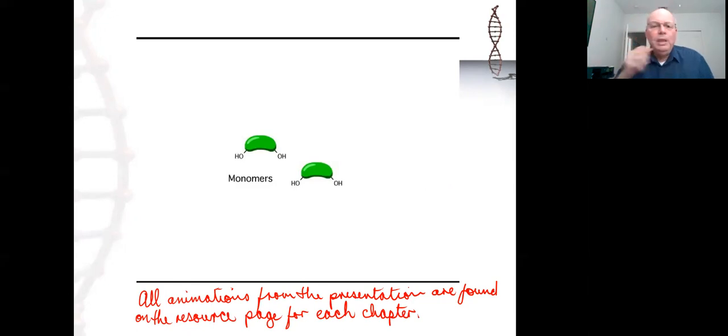So in the interest of time, and because you can play these animations separately from this presentation, I'm not going to actually run the animations within the presentation because that's only going to stretch out the presentation. It's going to be reasonably long as it is without running all the animations.